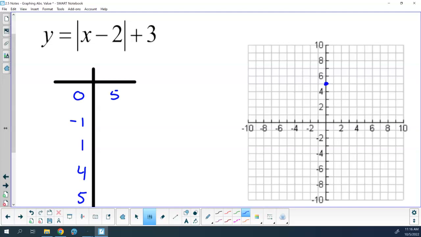Then I go to negative 1. Negative 1 minus 2, negative 3, absolute value, 3 plus 3, 6. So that's the point negative 1, comma 6. 1. 1 minus 2, negative 1, absolute value, 1 plus 3, 4.